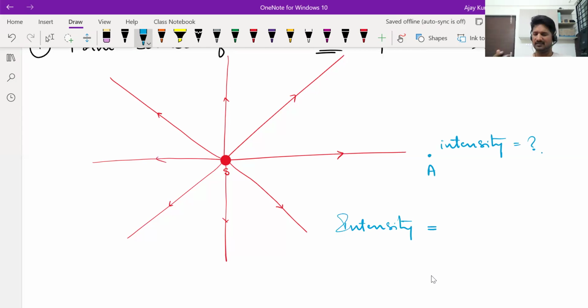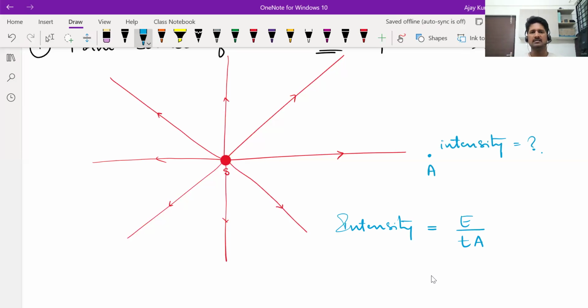See, Rishi, you are going into a specific case. I asked you generally, by definition, what is the formula for intensity? Isha, can you tell? Power by area, sir. Power by area. Okay. Energy per unit time per unit area. That is the basic definition of intensity.